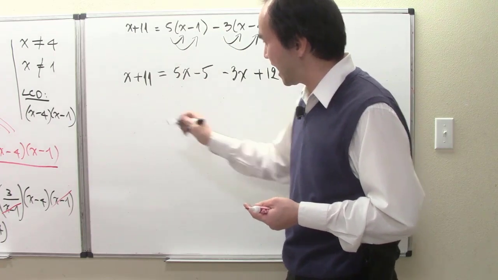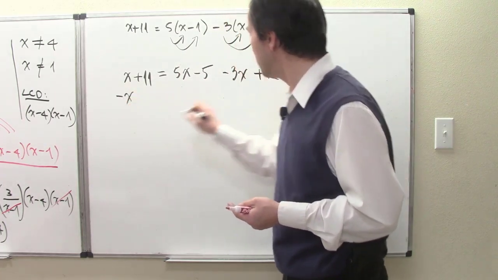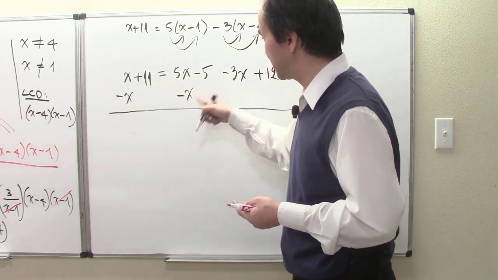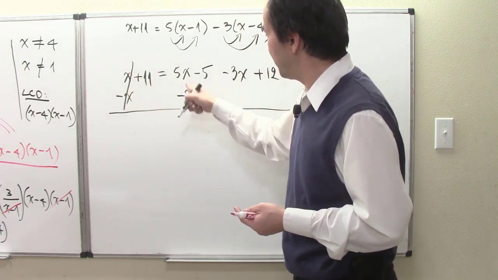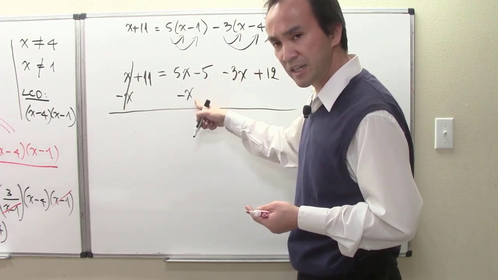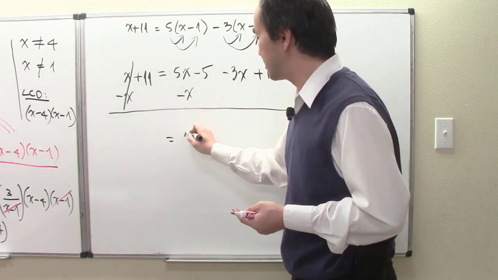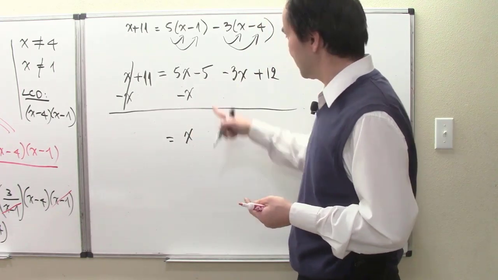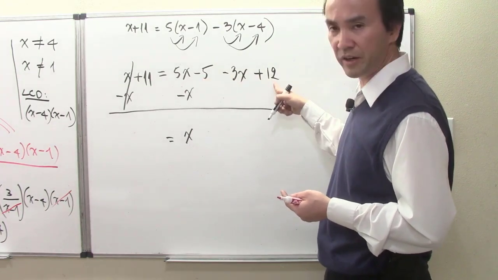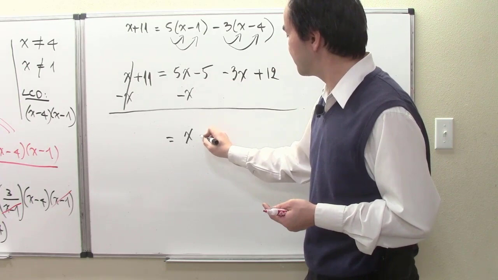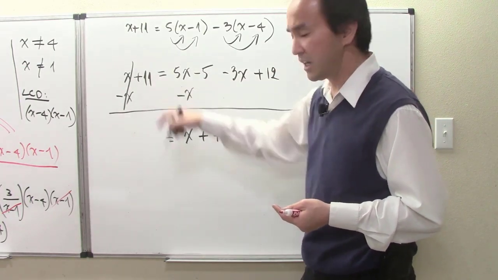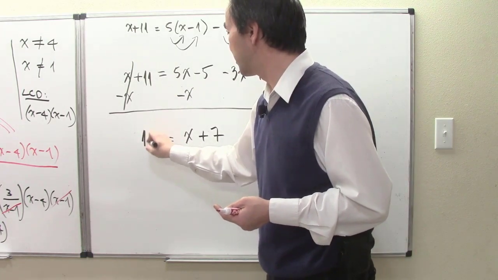That's my approach. So if I subtract x from both sides, the resulting equation after combining like terms is: 5x minus 3x, making 2x, minus another x, making simply a positive x. In the meanwhile, let's combine like terms between minus 5 and 12. That's now plus 7. The left hand side gives me just 11.